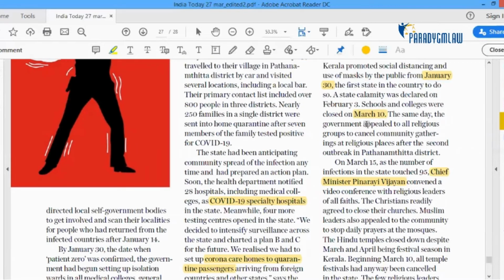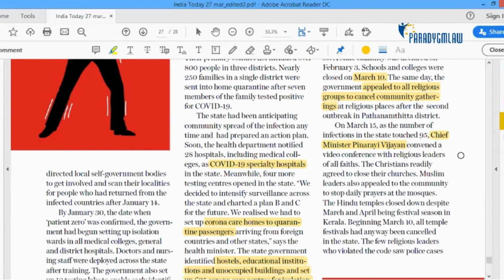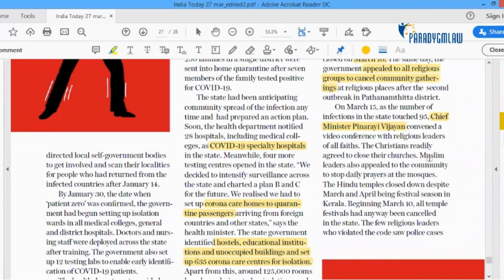Though an appeal was made by the government to all religious groups to cancel community gathering, a lot of instances came up where we saw that they still had their gatherings. So on March 15th, the chief minister convened a video conference, and then he appealed to each community, the Christians, the Muslims, the Hindus, and all these leaders agreed to go with the chief minister's recommendation.